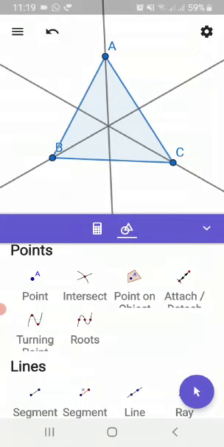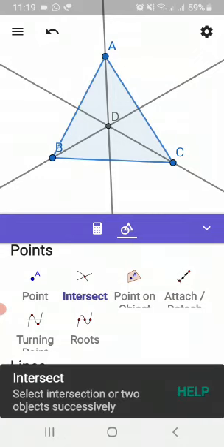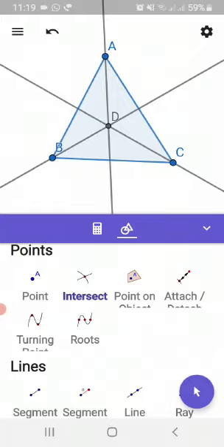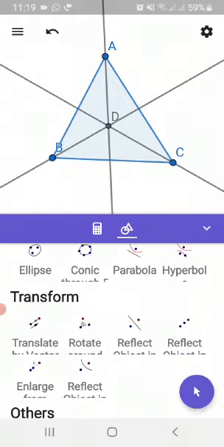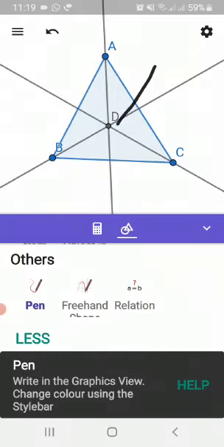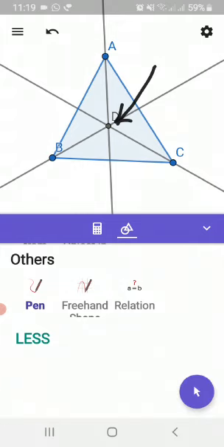So now let us first mark this point of intersection. Here this point of intersection, which is labeled as D, is called the incenter, right?